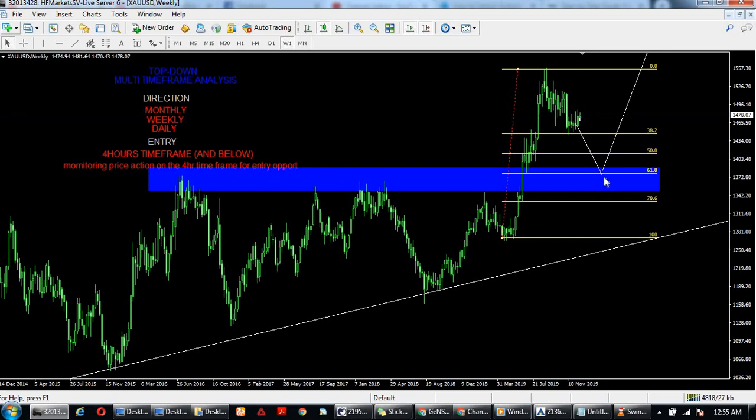This is an extra confirmation of what we got from the monthly time frame. The monthly and the weekly time frame are very much still in confluence. So we are expecting the market to sell all the way to our 61.8 Fibonacci points.